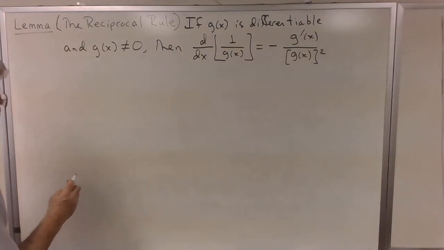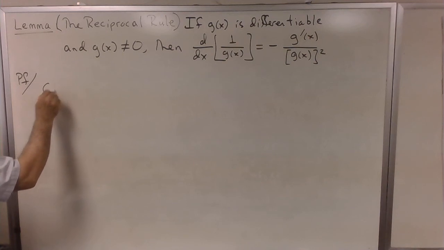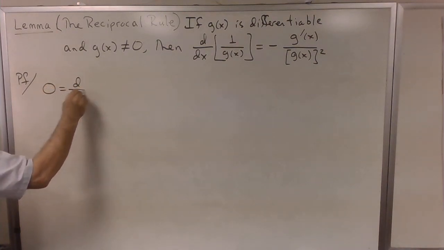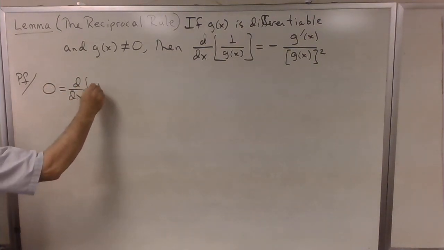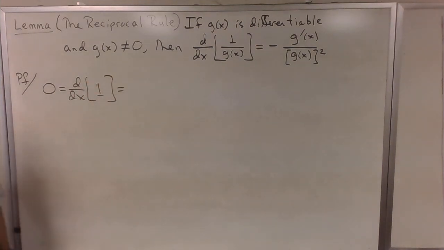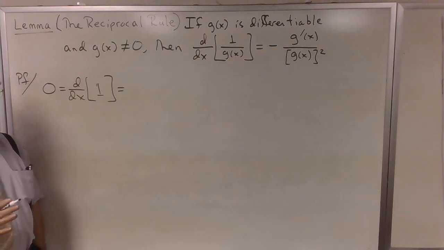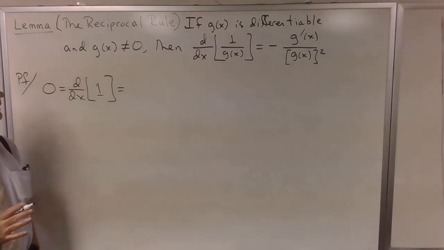So here's our proof. It involves a trick, but a lot of good math involves tricks. So when we see a good trick, we appreciate it and we incorporate that kind of thinking into our own repertoire.